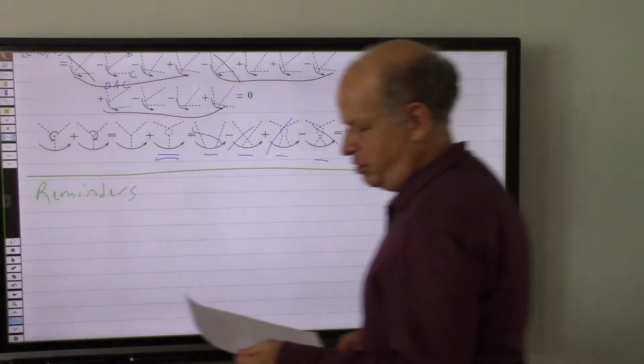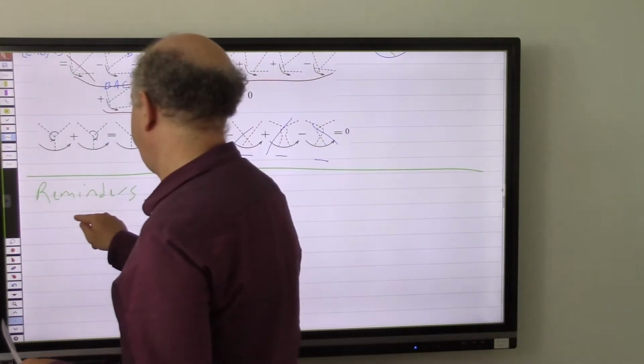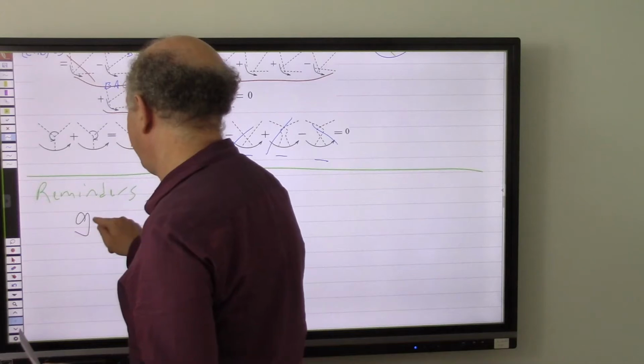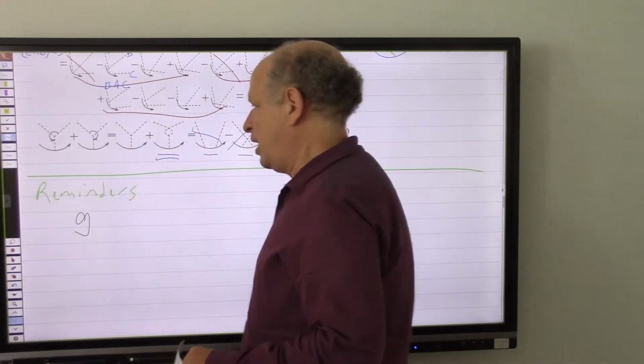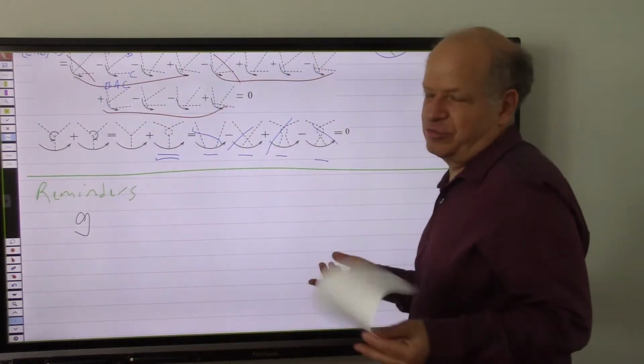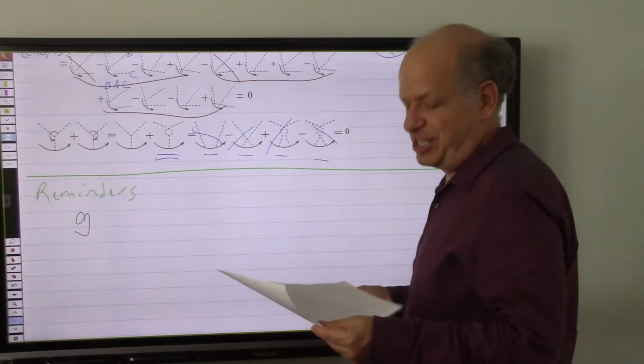So, reminders. Before I name the Lie algebra L, I think I want to go back to Gothic G, which is one of the standard names for a Lie algebra.